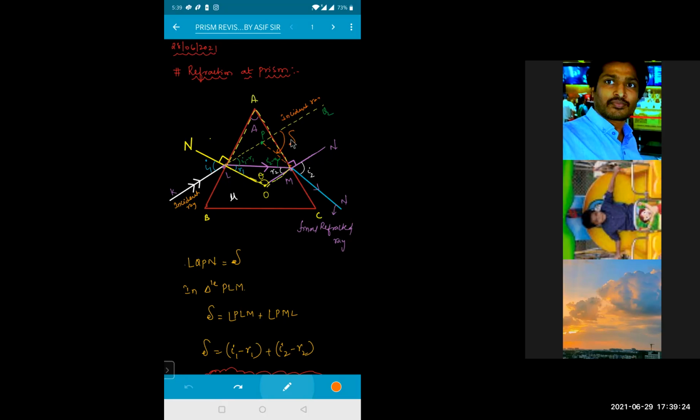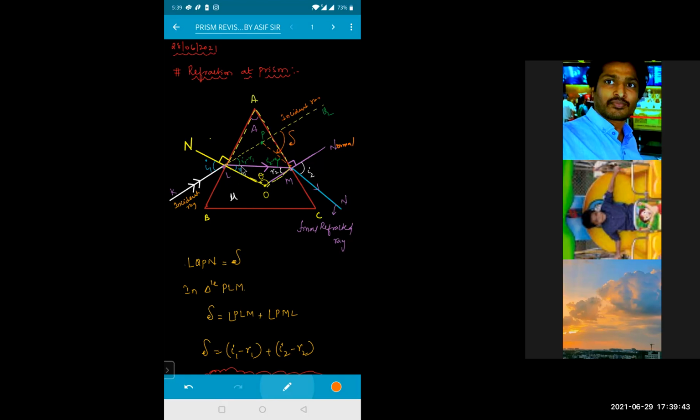Now this deviation, if I consider the triangle QPN, this is your normal. This is the deviation.